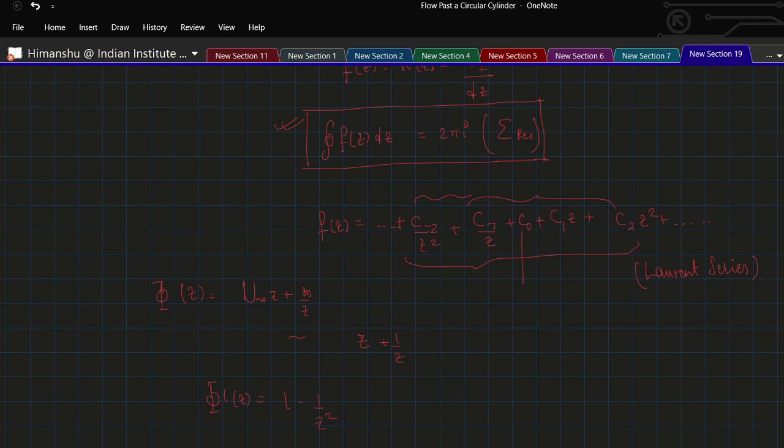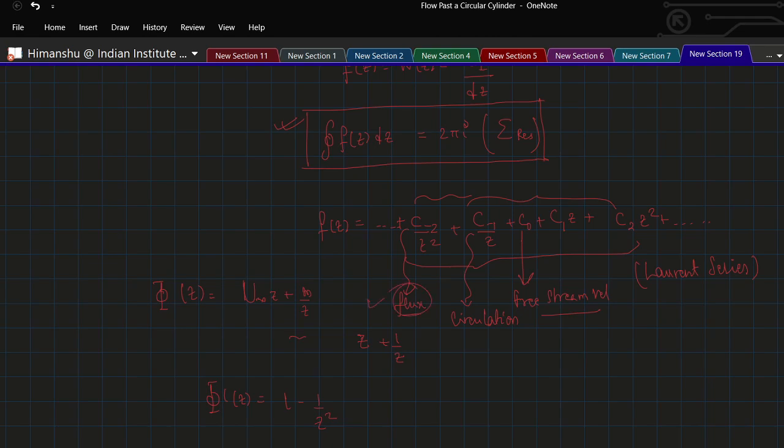So this term represents the velocity, free stream velocity, or velocity at infinity. C minus 1 represents the circulation, as we'll be dealing in our next lecture, of a flow past a circular cylinder with circulation, and this represents the flux.